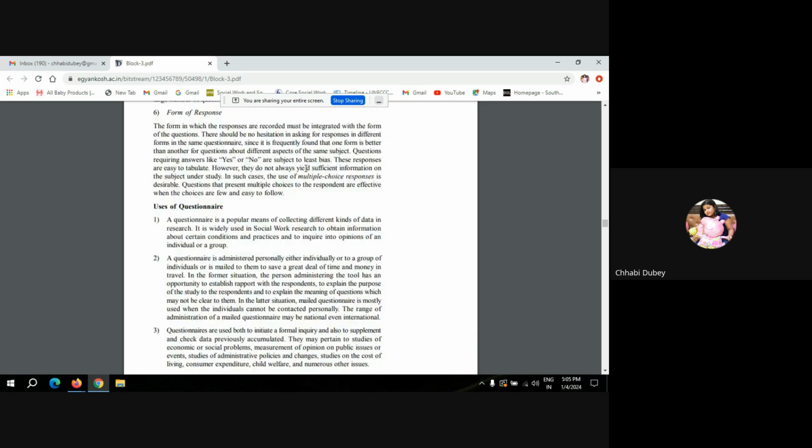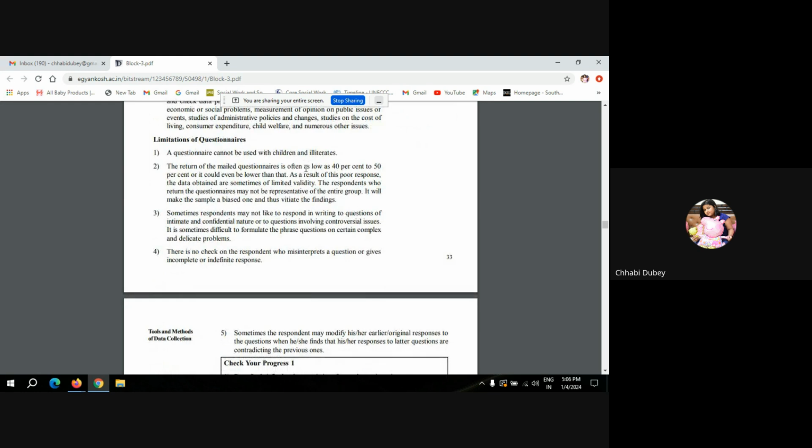Now, generally, there are certain limitations of the questionnaire. First of all, there is always a problem with the return of the mailed questionnaire. We cannot use it with children or with people who cannot read or write. Sometimes the questionnaires that we have mailed may not come back to us, so it takes a lot of time and energy.